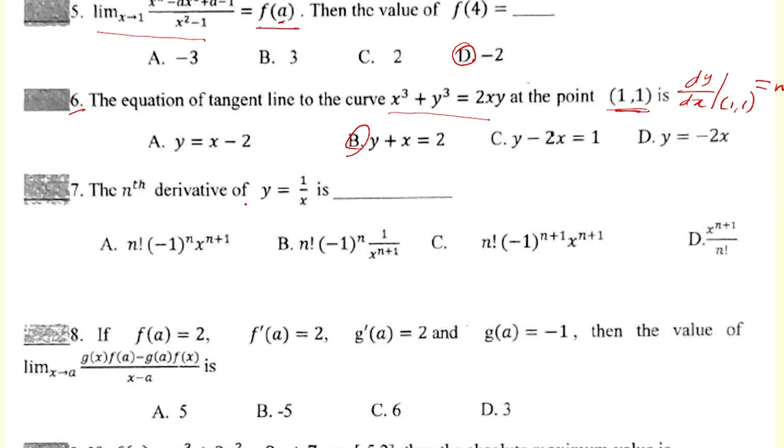Question number 7. The nth derivative of y is equal to 1 over x. y is equal to 1 over x. Now find the formula for the nth derivative. So dy by dx, or let's use y prime instead to see the number, no problem.